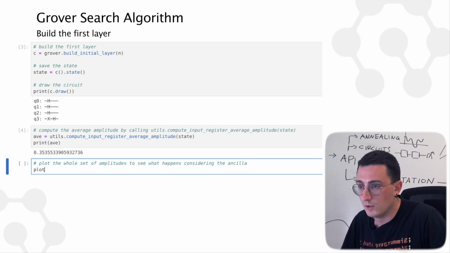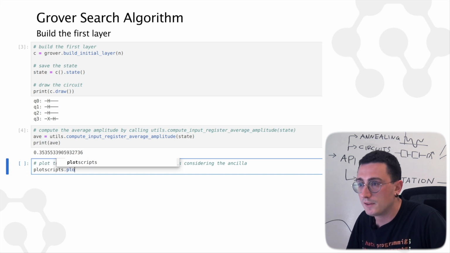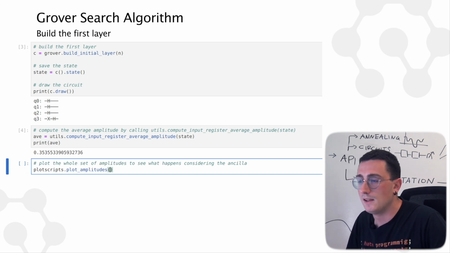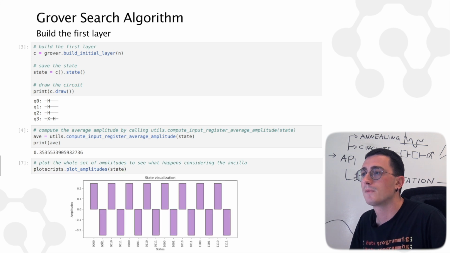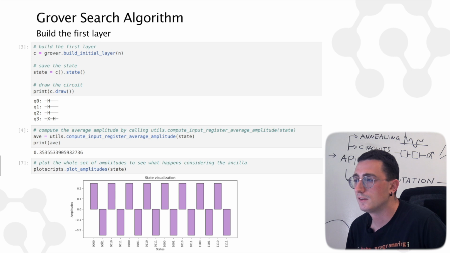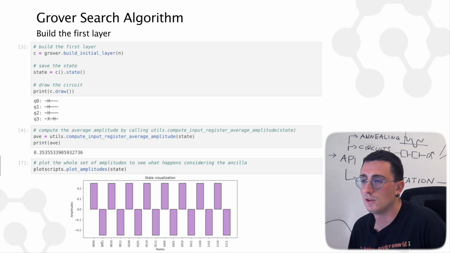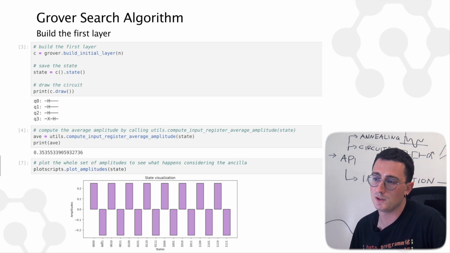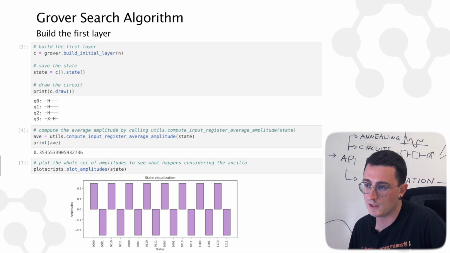For doing this, we can call the function plot scripts dot plot amplitudes, and then you can pass the state. What you see is still the superposition, and you can understand it because you see the magnitude of the amplitudes that are always the same. Yes, but when the bit corresponding to the ancilla, the last one, the closer one to the plot, is 1, then you see the amplitude is flipped.